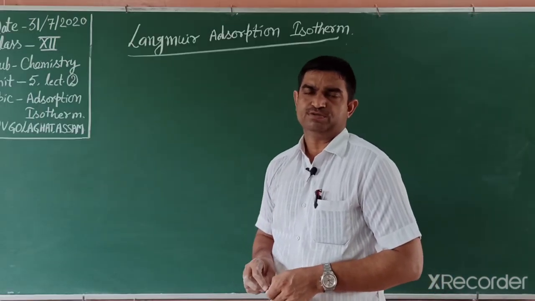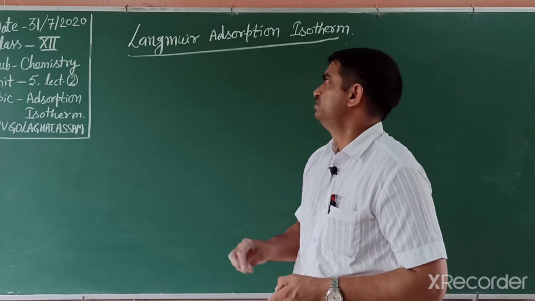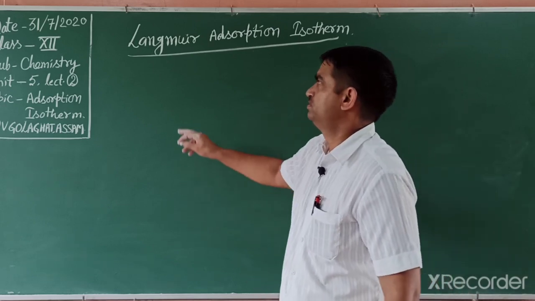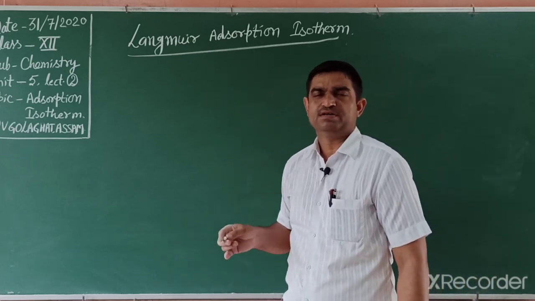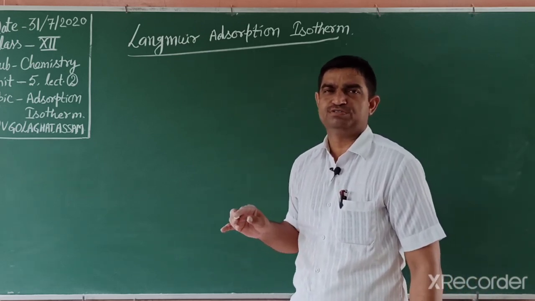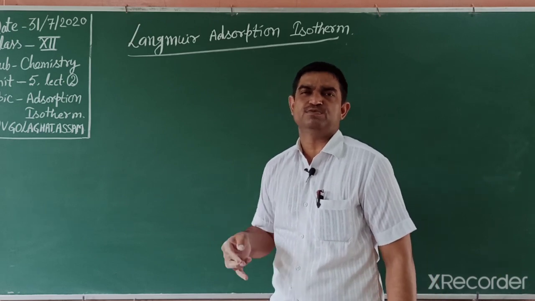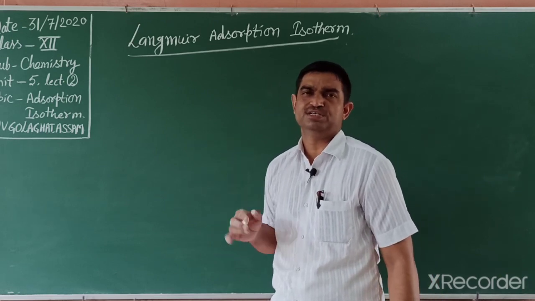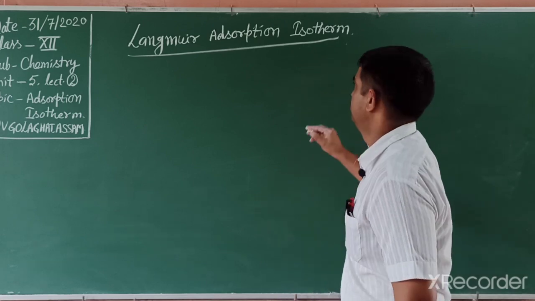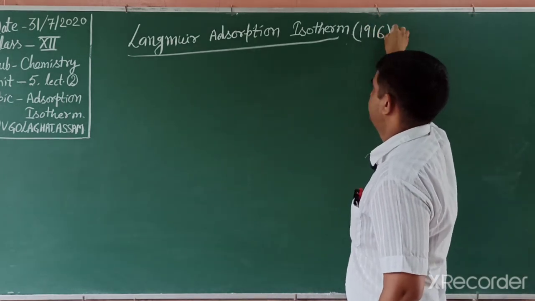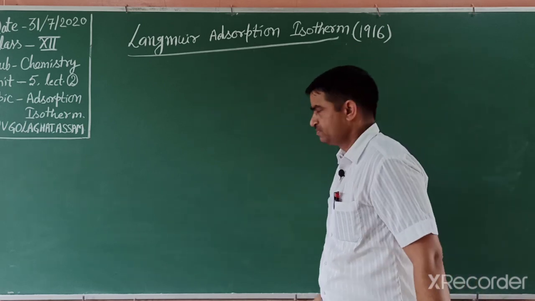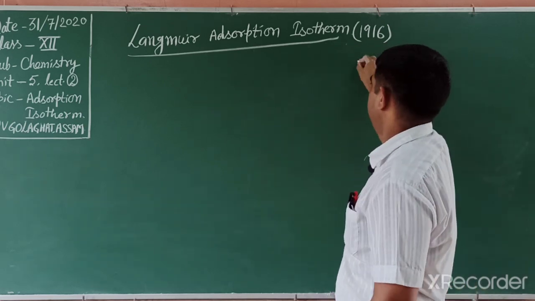Students, another scientist gave the adsorption isotherm, that one is Langmuir. He explained at high pressure also, because Freundlich could not explain at very high pressure. He failed to explain. This scientist in 1916 explained in detail how the adsorption occurs.